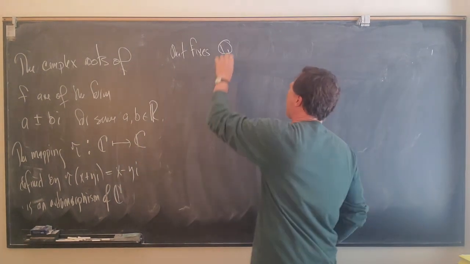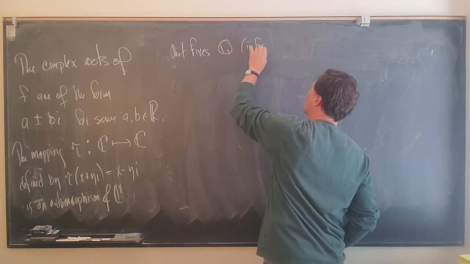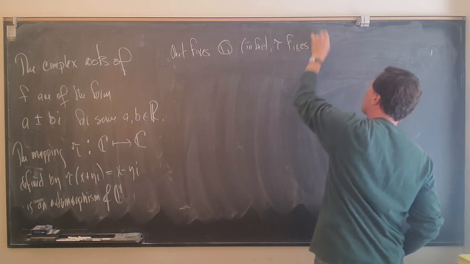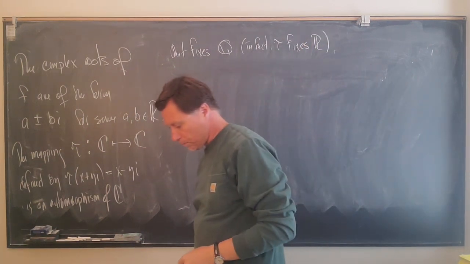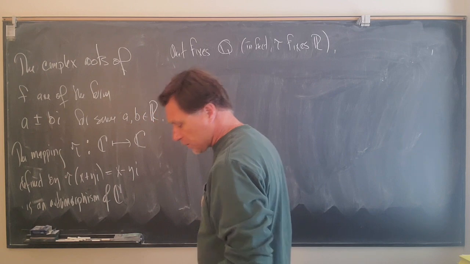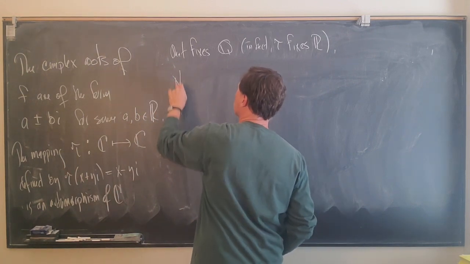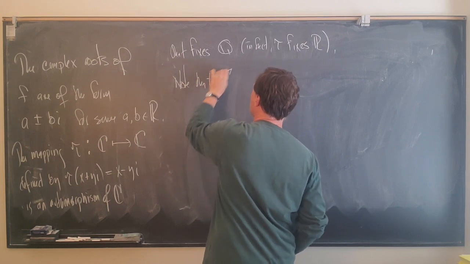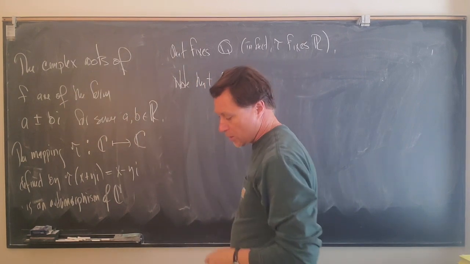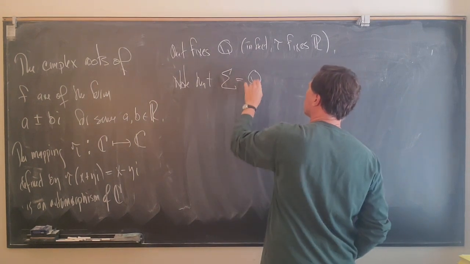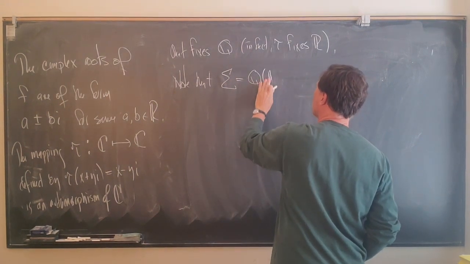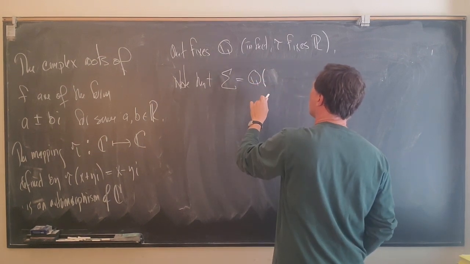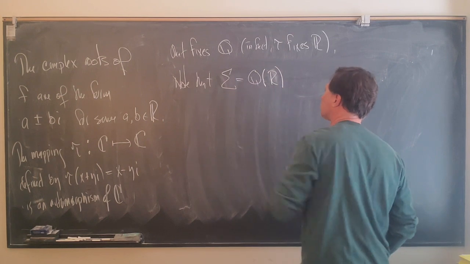So it doesn't matter, but we'll just say in fact tau fixes R. So now note that sigma is equal to Q adjoin the set of roots.